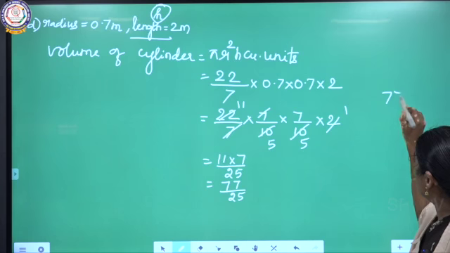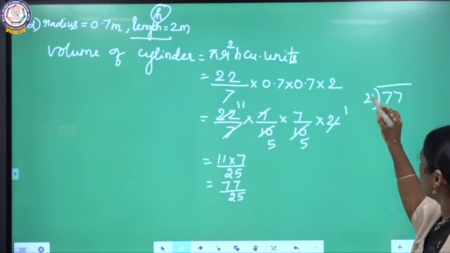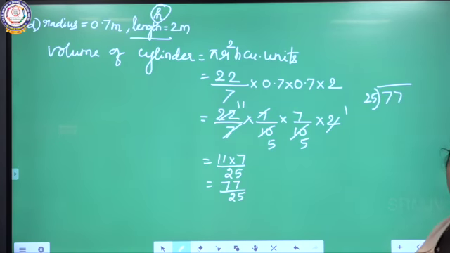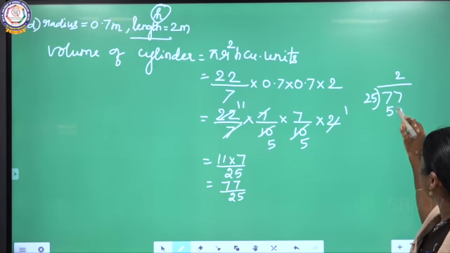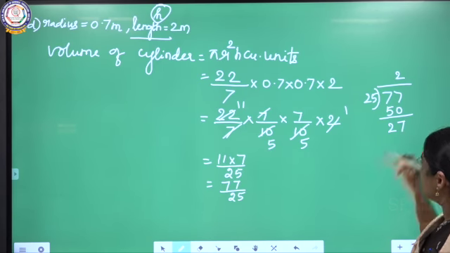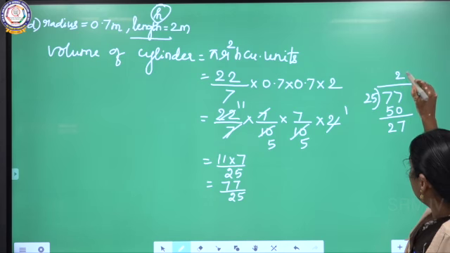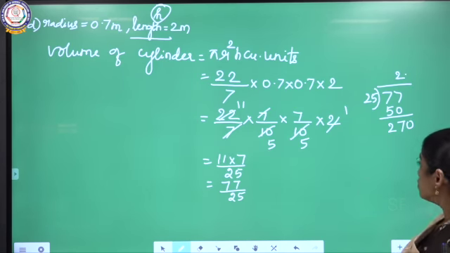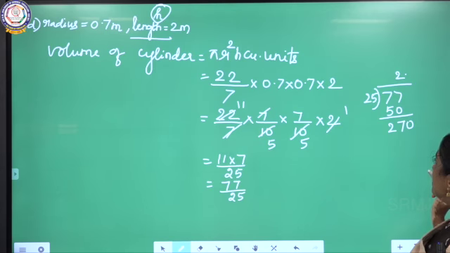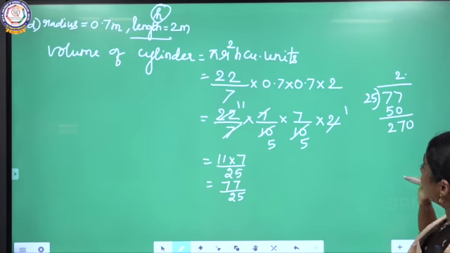See, 77, I am going to divide by 25. Okay, listen, 25 2s are 50. So 27. Keep a dot and you can add a 0. So 270. So 25 8s are 200.